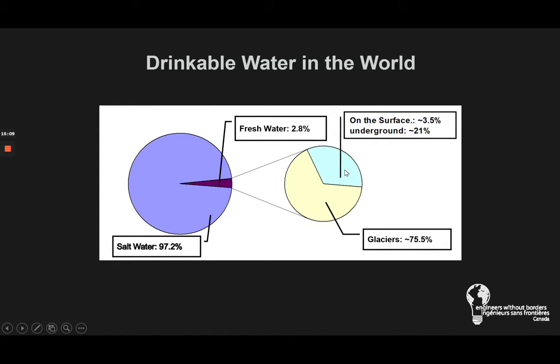So the less than 25% that's left is basically drinking water. This is everything from water that has melted, water in our rivers and lake systems, water trapped underground as groundwater. This is the only accessible water for us.